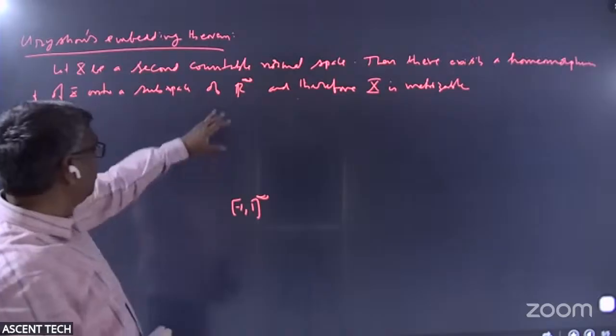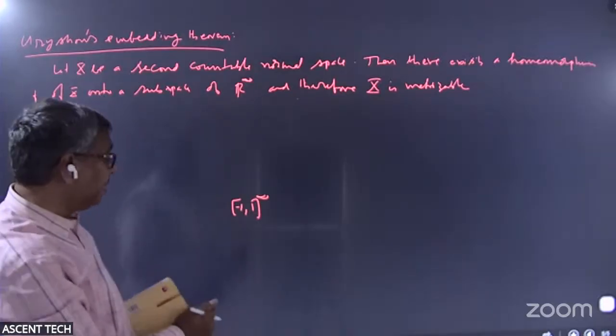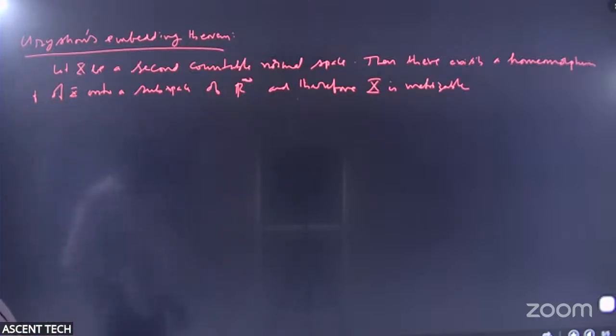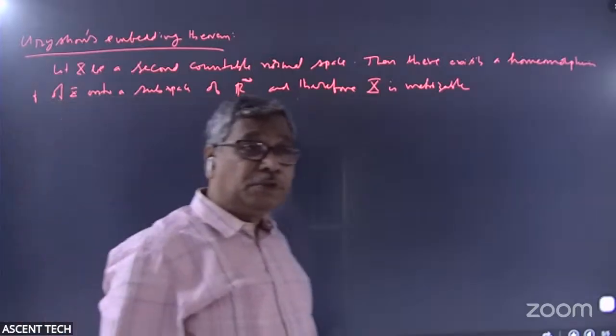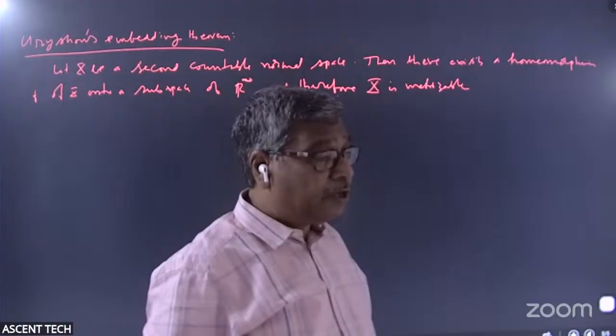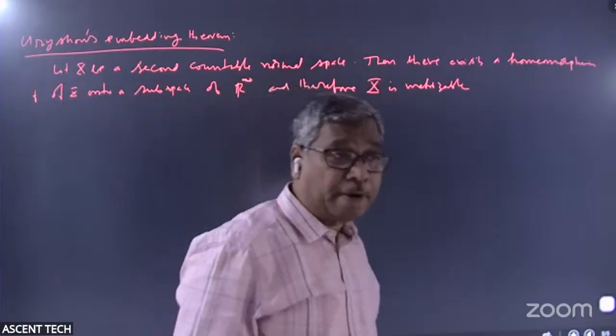Actually, I don't have to have all of R; -1 to 1 is what I will really ensure, so it doesn't matter. So second countability and normality together will ensure that the space is metrizable.